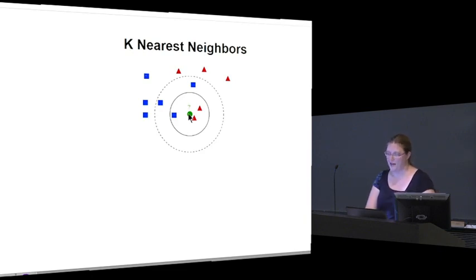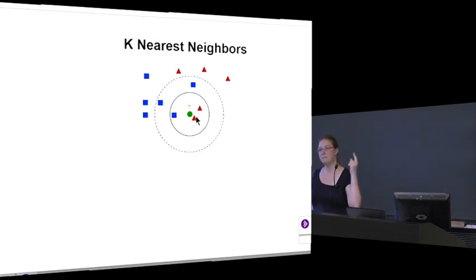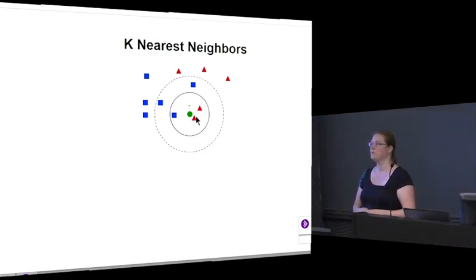If K is 5, I'm in this outer ring here. So these are the 5 closest data points. And now I have 3 blue points and only 2 red. So just by changing K, I changed my prediction, right? So the choice of the K parameter is important. You need to think about it. The good news is it's basically the only thing you have to tune in most cases.